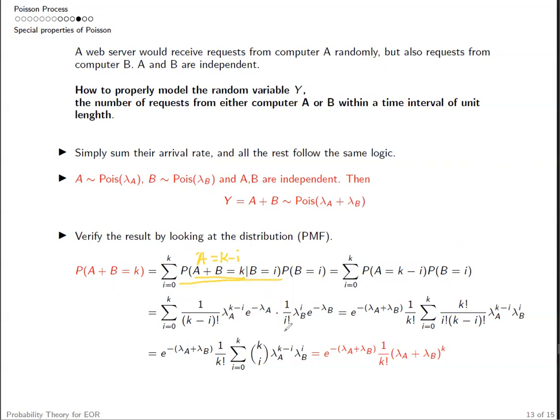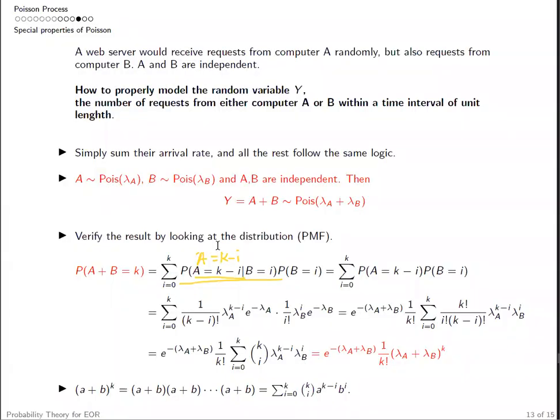Now, if we consider this conditional probability, what can you say about it? We know A and B are independent of each other, right?